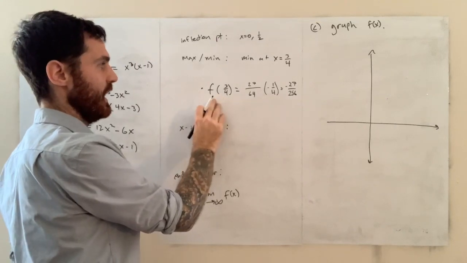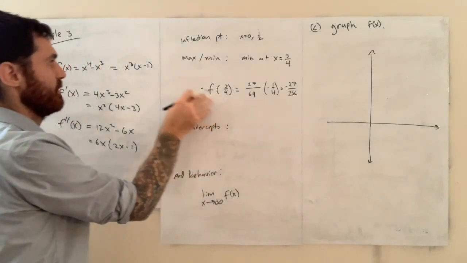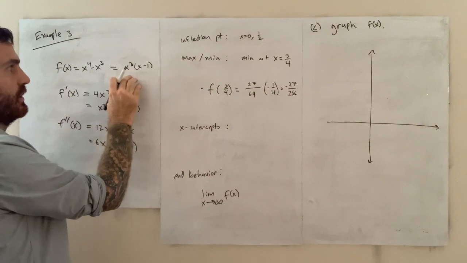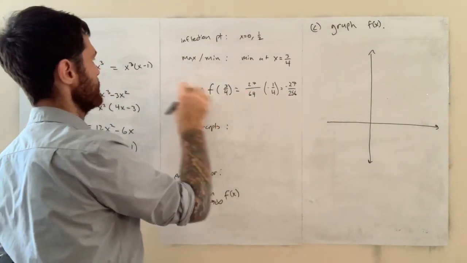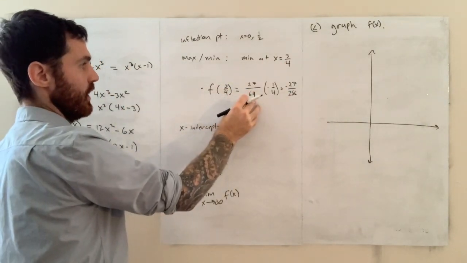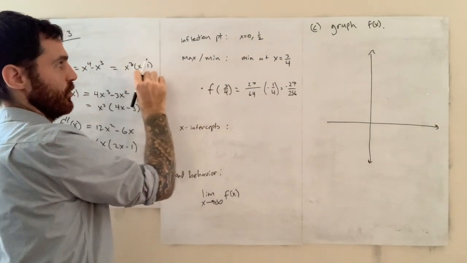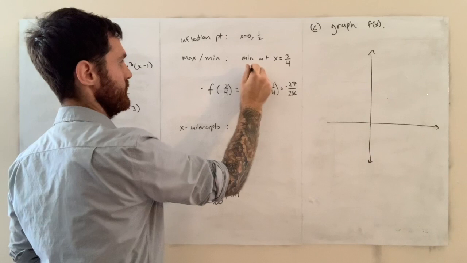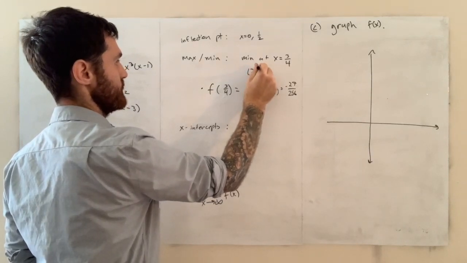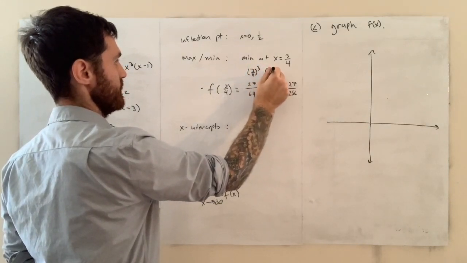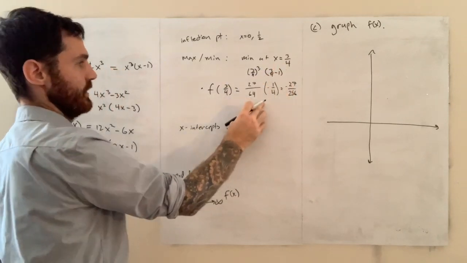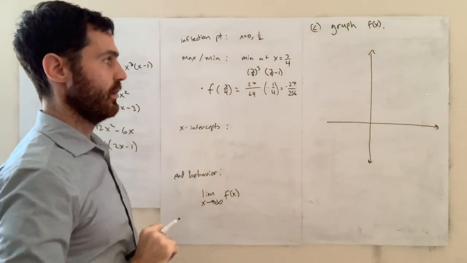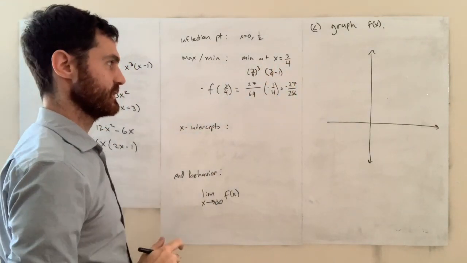If I plug that into my original function, what I get is 3/4 raised to the third times 3/4 minus 1. You get this, and we get negative 27 over 256.